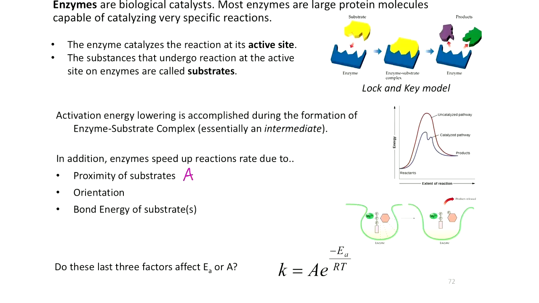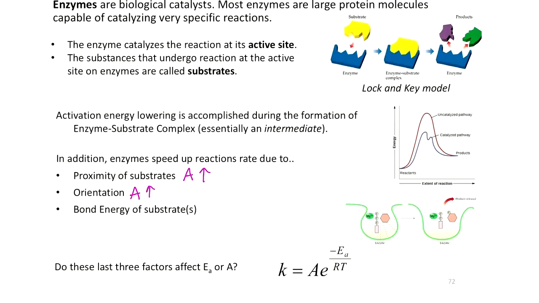In that reaction pocket, we can also orient the reactants in a way so we get effective chemical reactions occurring. So the orientation in the pocket also increases the A component.